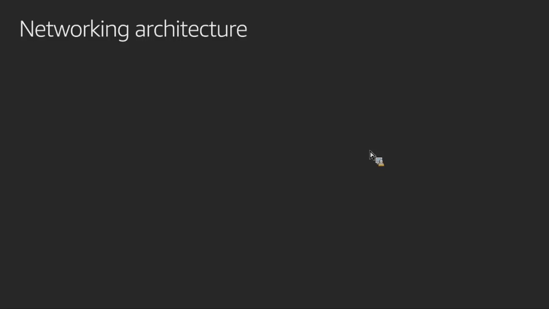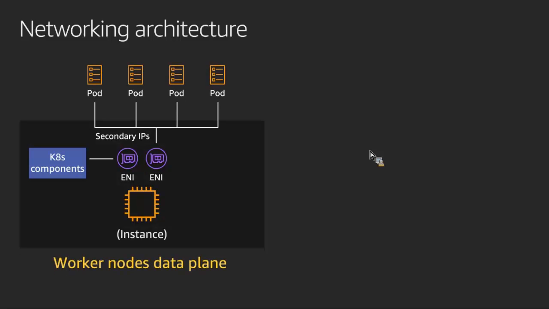All right. Let's explore a little bit in detail what happens for networking and security now. In a traditional scenario where you have pods running on EC2 instances, basically we typically deploy multiple pods on an EC2 instance, and each of those pods gets a secondary IP address from the ENIs that exist on those EC2 instances.